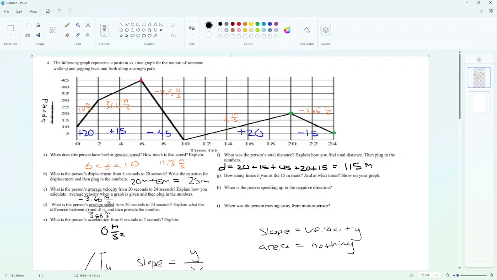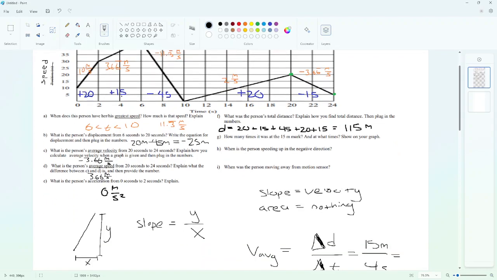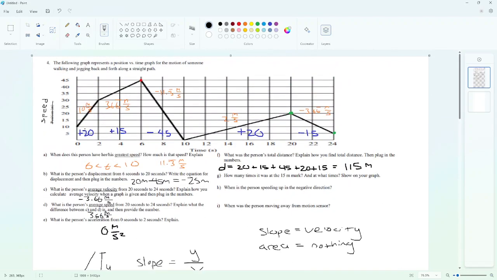How many times was it at the 15 meter mark? And at what times? Show on your graph. Okay, 15 meter mark. So what does this mean? It just means this graph keeps track of the person's position. So we want to know when this person was at a position of 15.